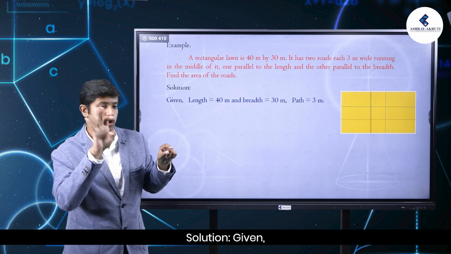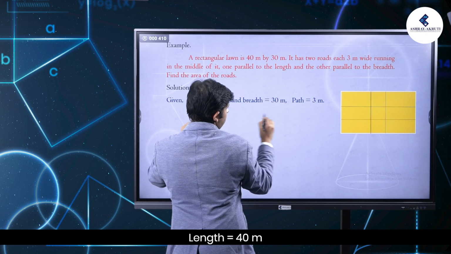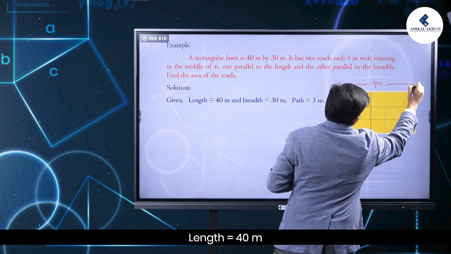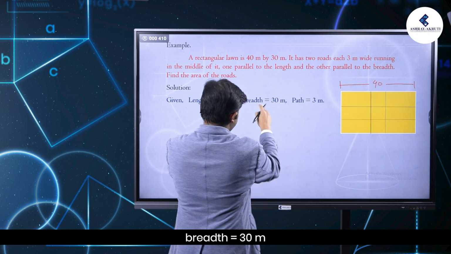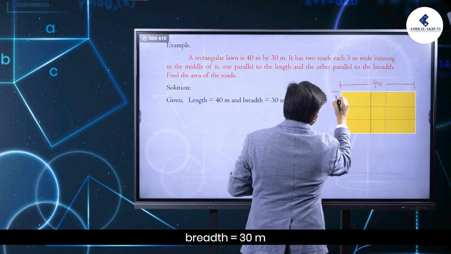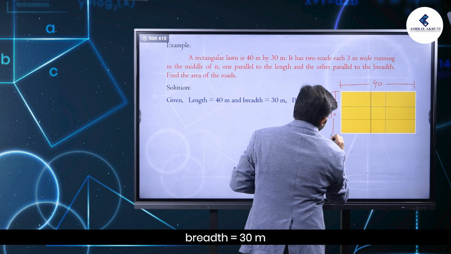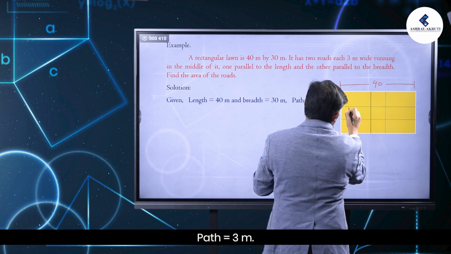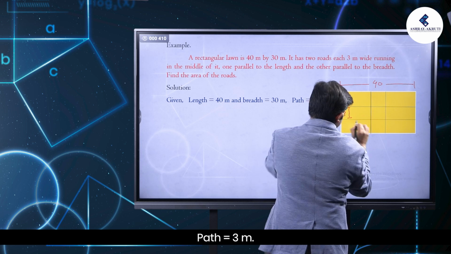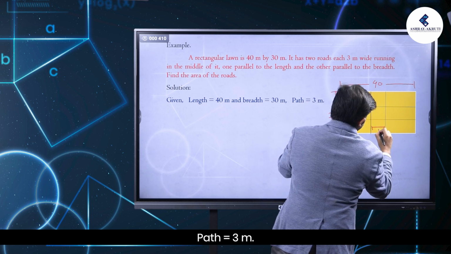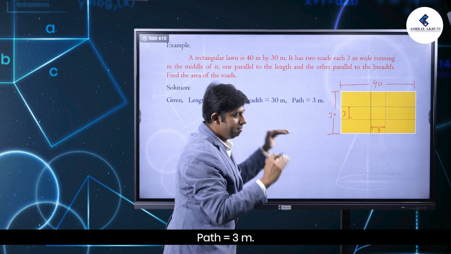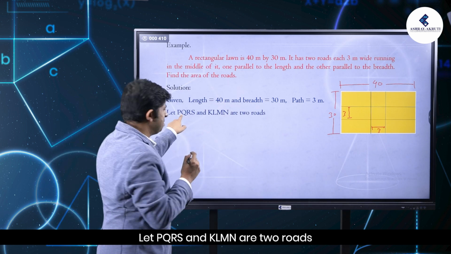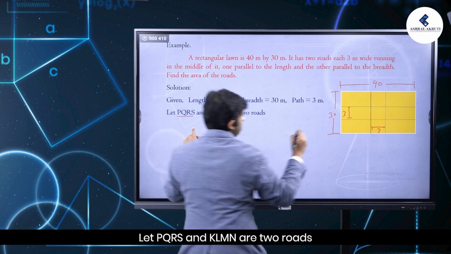Given length equals to 40 meter. Breadth equals to 30 meter. Path equals to 3 meter. Let PQRS and KLMN are two roads.